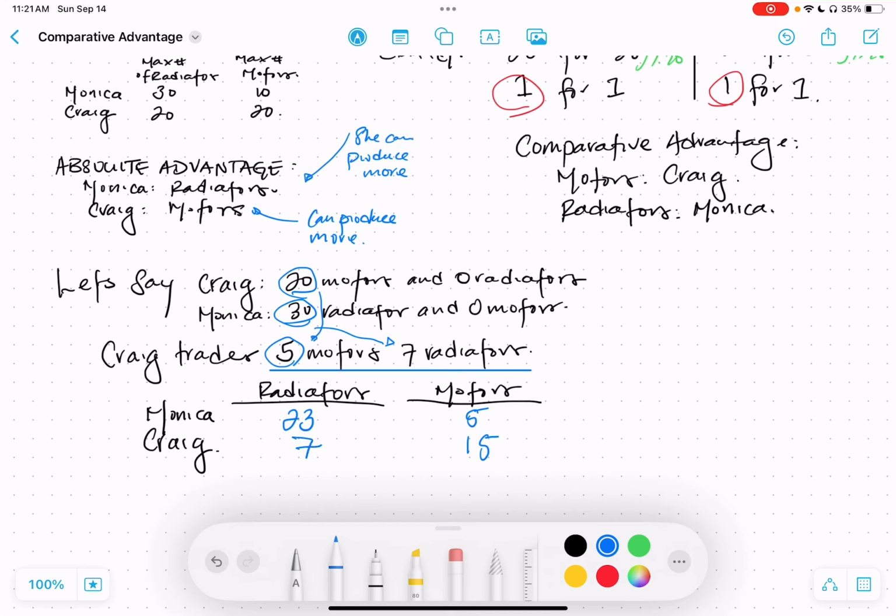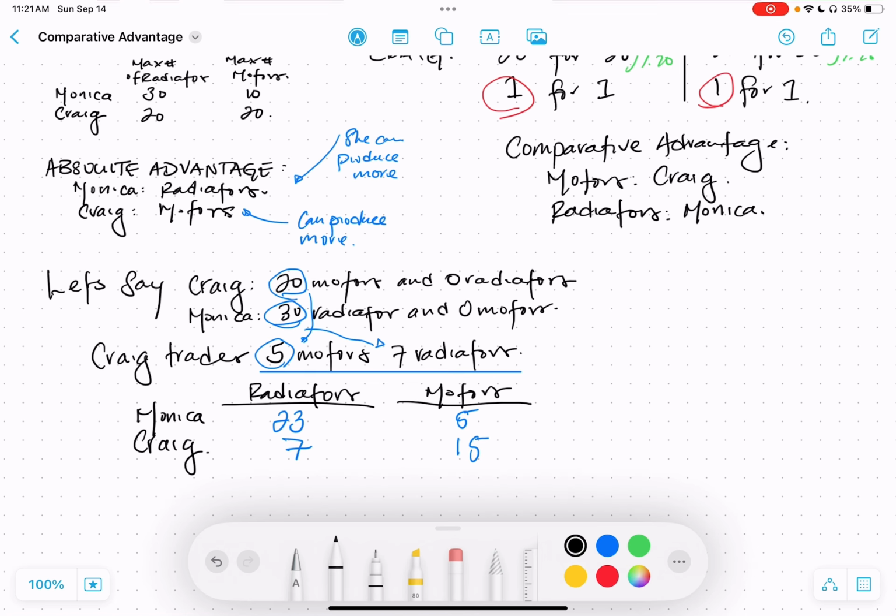Now, here's the question. Is this a good deal? Is this going to pass muster? Well, in order to figure that out, we have to do a bit of a calculation. And we have to go back to our old friend, slope-intercept form. Okay.